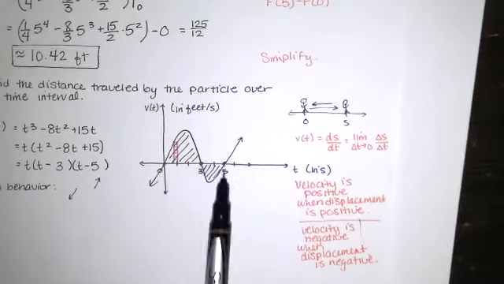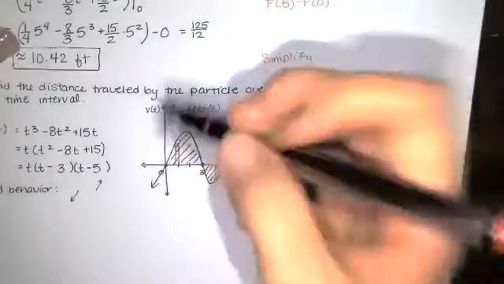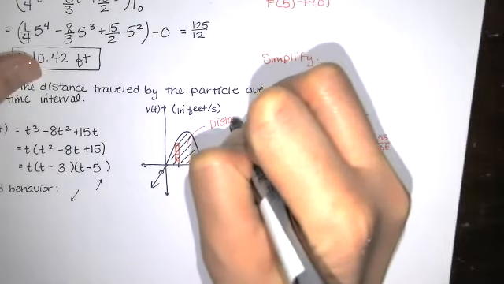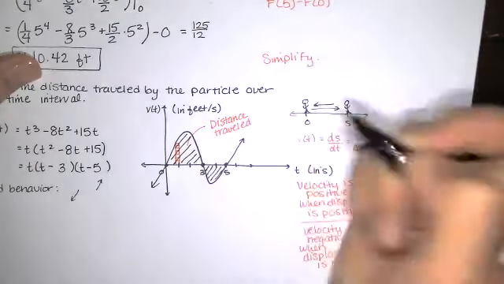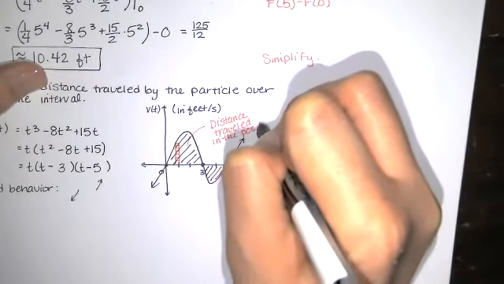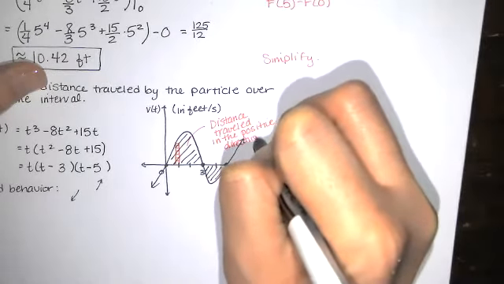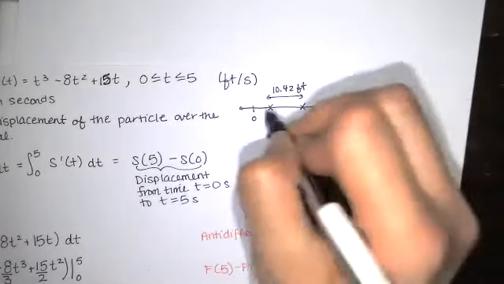So it's this area minus this area. This area gives me distance traveled in the positive direction. So that's distance traveled when our displacement was positive. So we're going this way. We've decided that's the positive x-axis, we're going to the right.